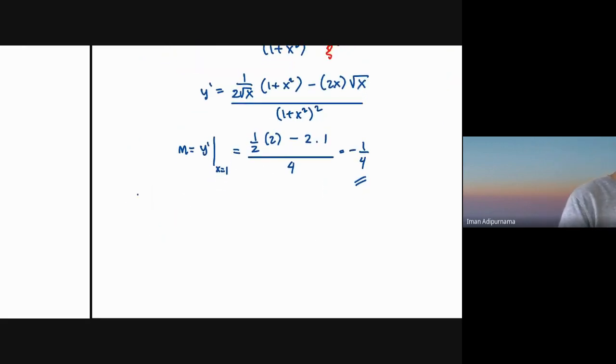So first, the tangent line, the slope is negative 1 over 4. Tangent line at 1.5.